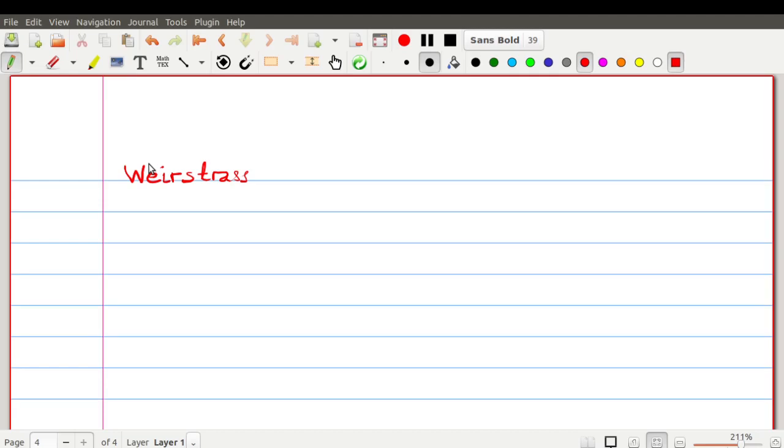I hope it's well spelled, or we correct that. Okay, Weierstrass substitution. So our t is the tan of the half angle x by 2. Or we can say tan x by 2 is t. It's the same thing. This is the t.